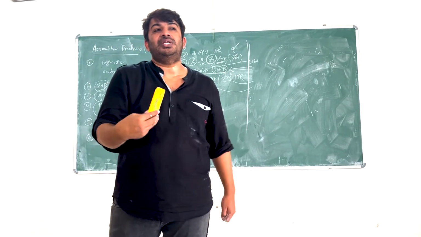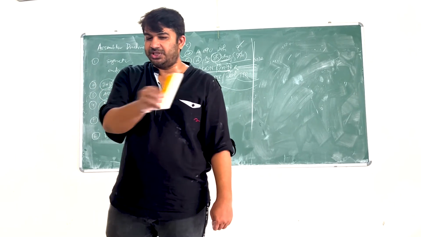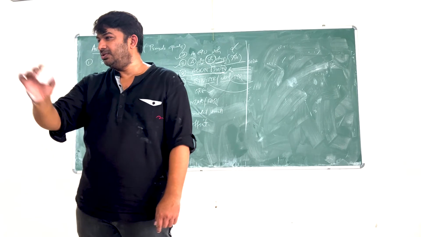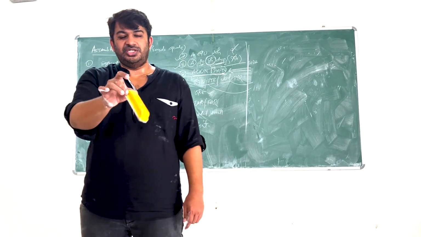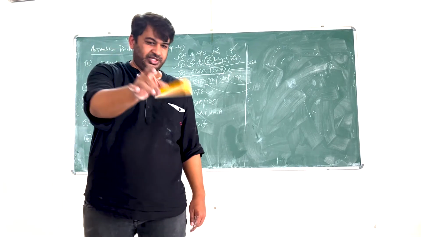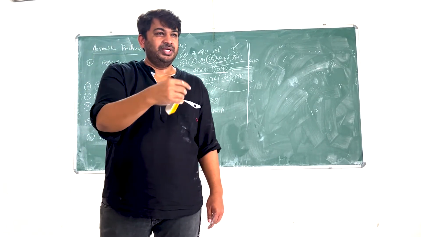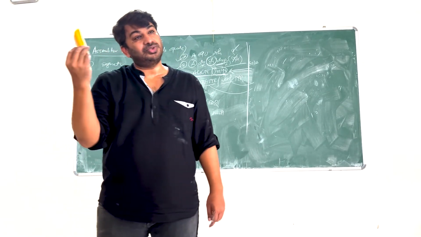Why do you need to mention near and far? Because if it is a near procedure, we just need to change our IP and that will work. But if it is a far procedure, what do you need to change? You need to jump from one segment to another segment. The segment is decided by the CS register. So you don't need to change only IP, you also need to change your CS.